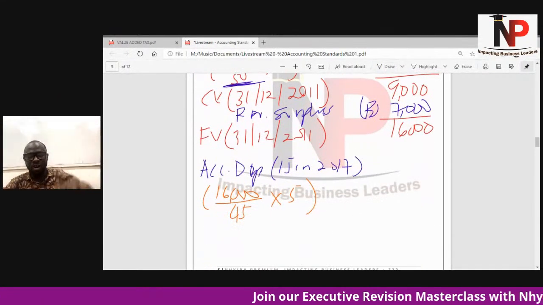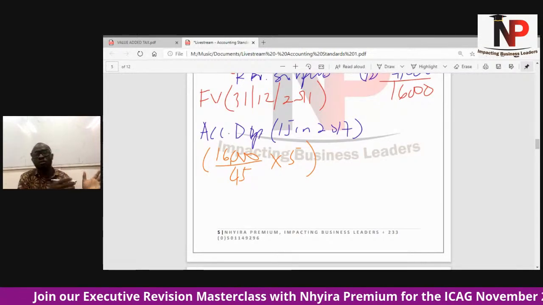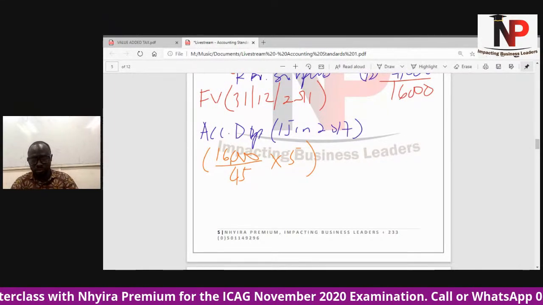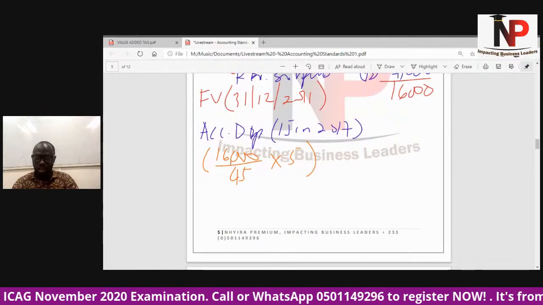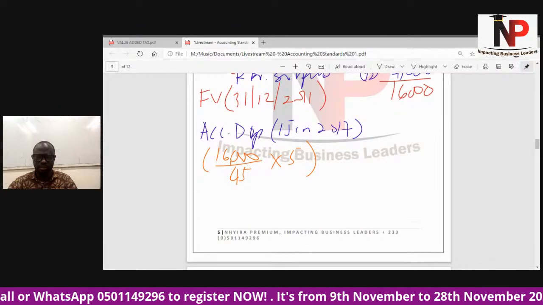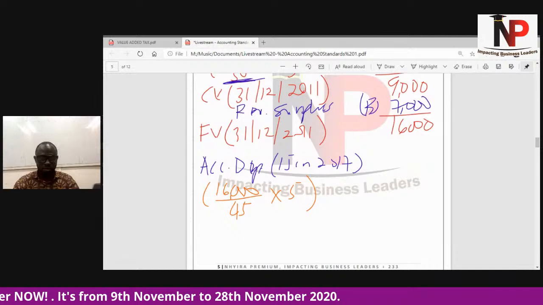We've done 5 already, remaining 45. So now the 16,000 will be depreciated over 45 years, and we've used it so far for another 5 years. So 16,000 divided by 45 times 5, and I'm getting something like 1,777.